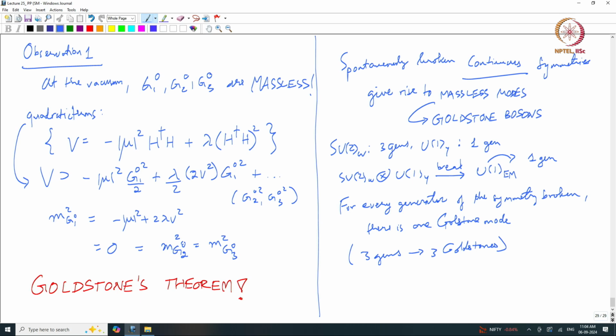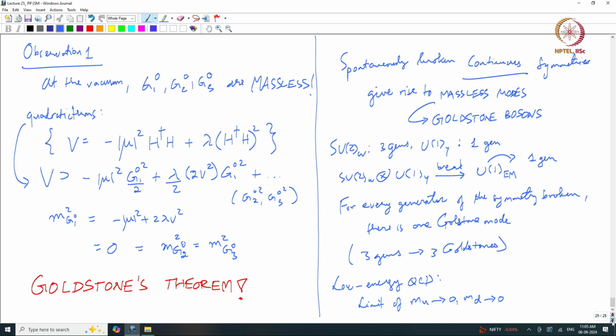Okay. Now, this is not the first time we are seeing this actually, okay. Although I have not mentioned it as such, in this course we have already seen this happen. How is that? In low energy QCD, okay, let us take the limit of massless up and massless down quark.